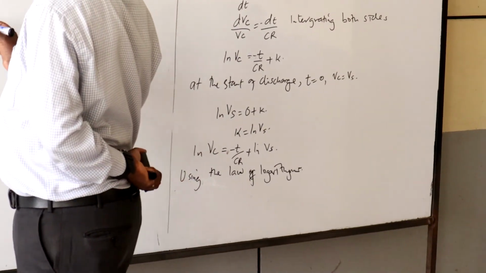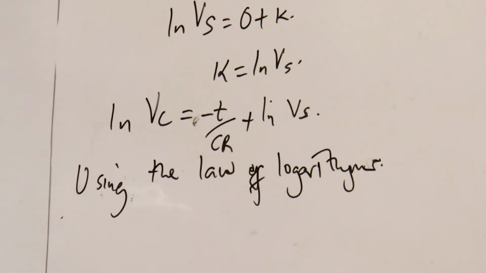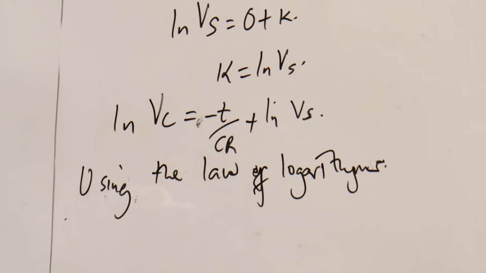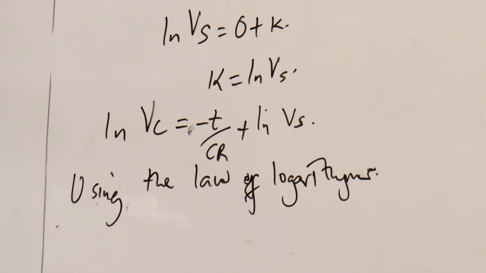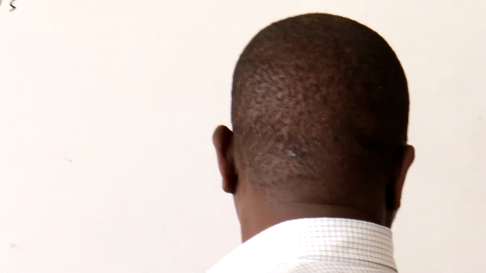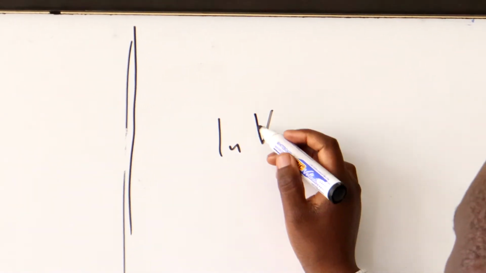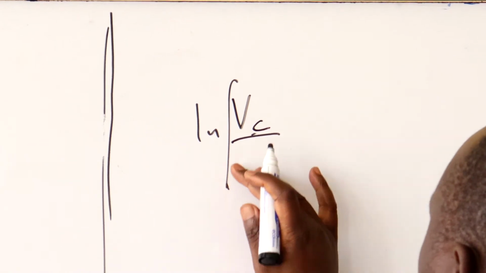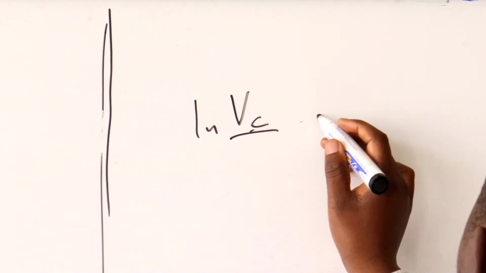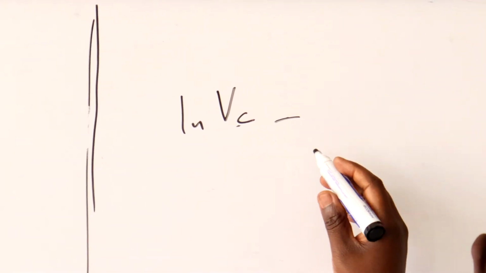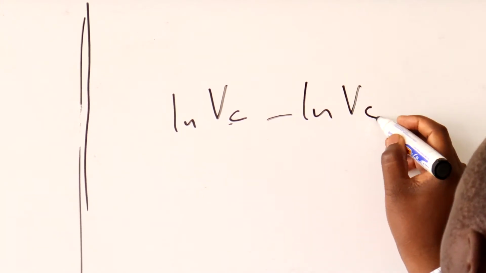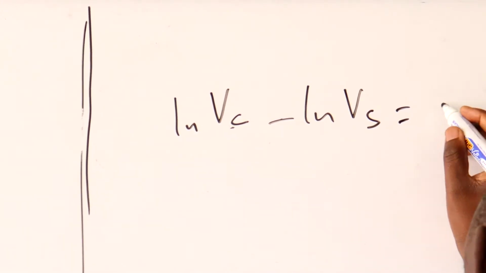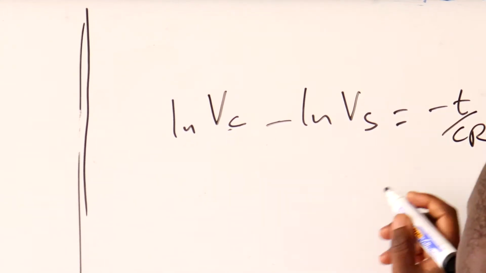We shall have ln of VC minus ln of Vs is supposed to be minus t over CR.